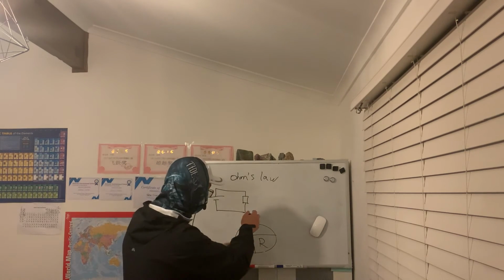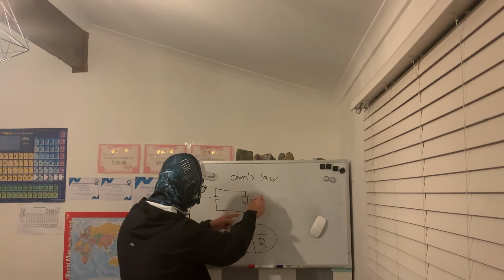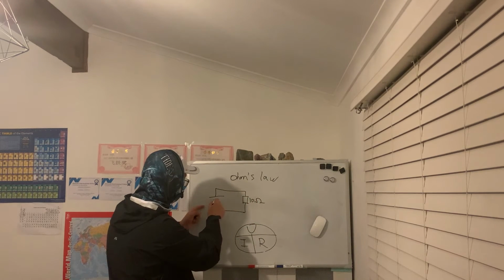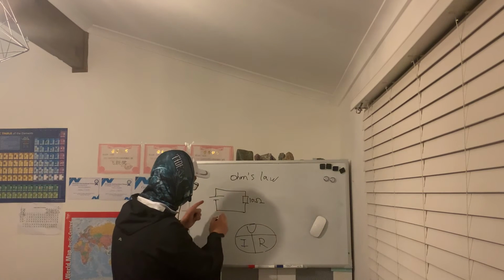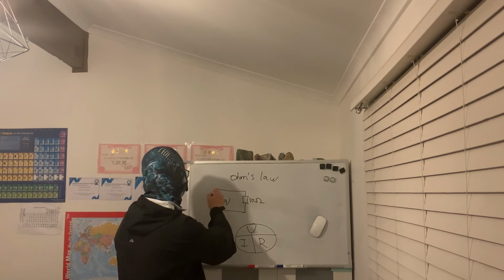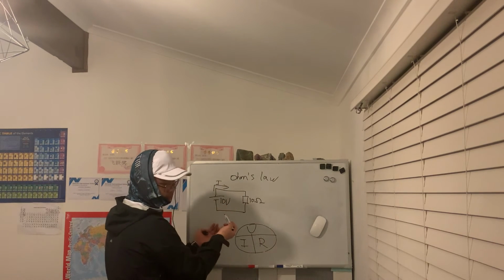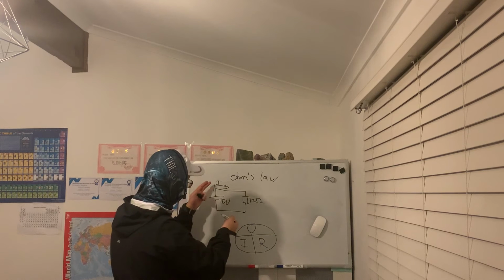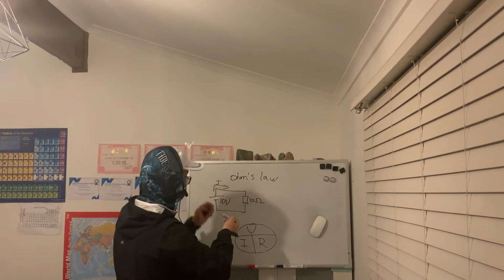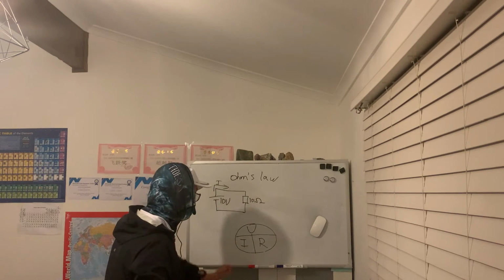See, the resistance is 10 ohms, and the voltage of the battery is 10 volts. And I'm asking, what is the current equal to? Now, it asks you the current.